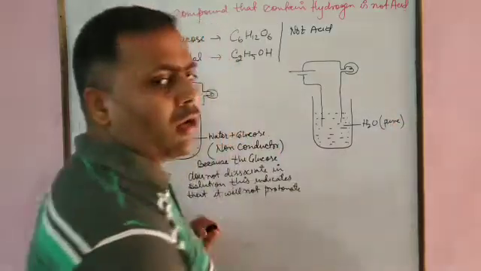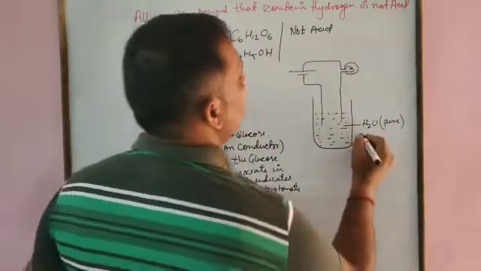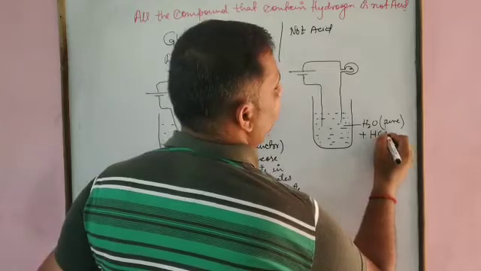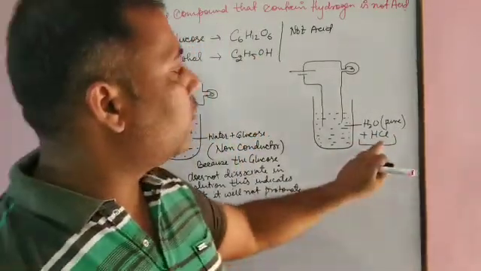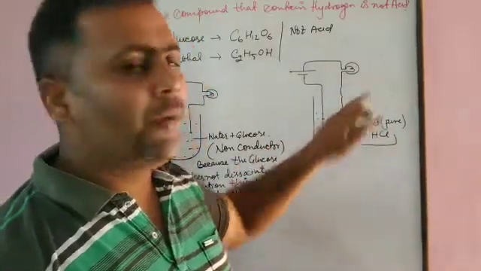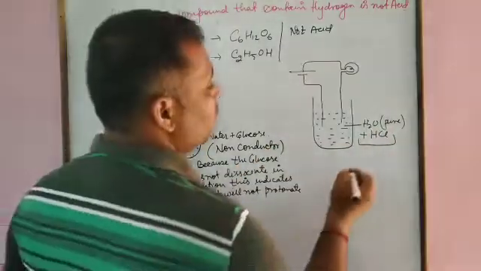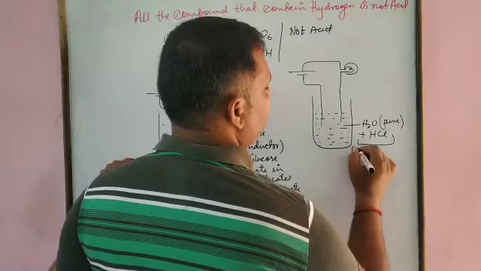Pure water is a non-conductor. But when we add an acid such as HCl, as soon as we add HCl, the bulb will light up because this solution is a conductor.